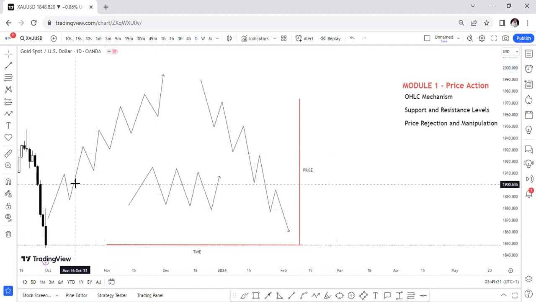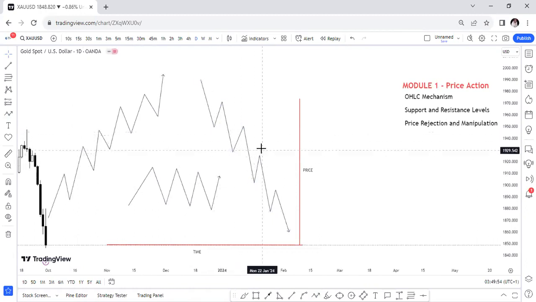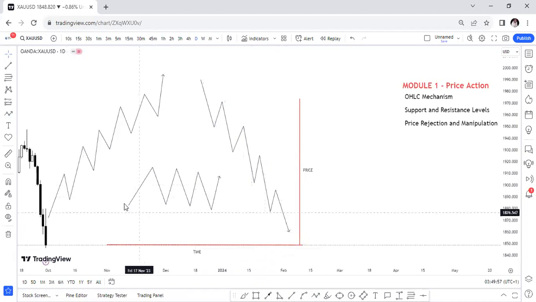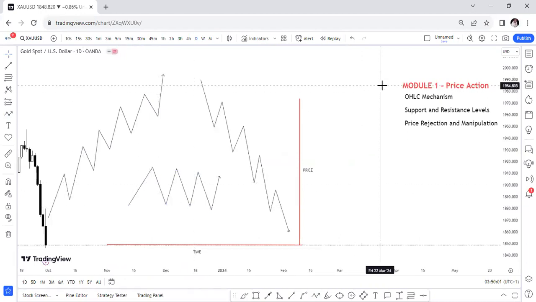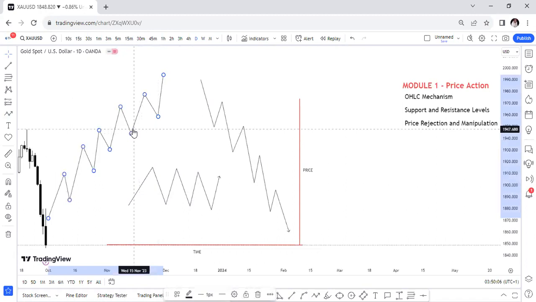Buyers move along high, low, high, low, in an upward direction. Selling is about sellers moving along lower high, lower low, lower high, lower low along the price. The sideways trend is when we have equal highs and equal lows. So that is the meaning of price action.